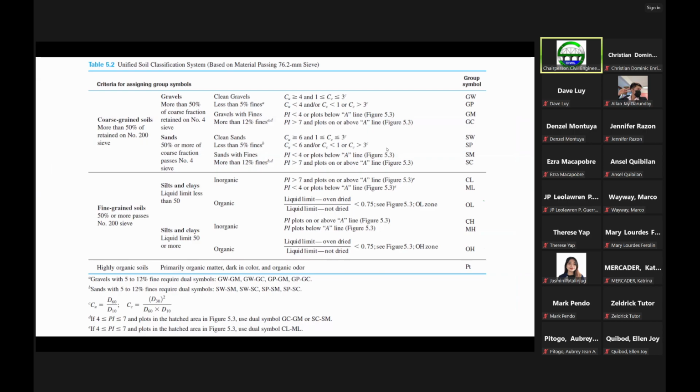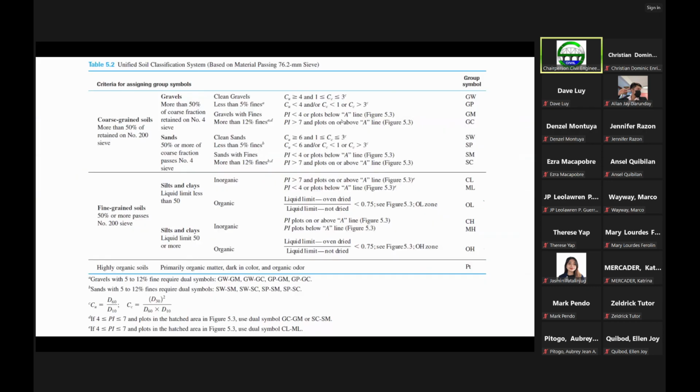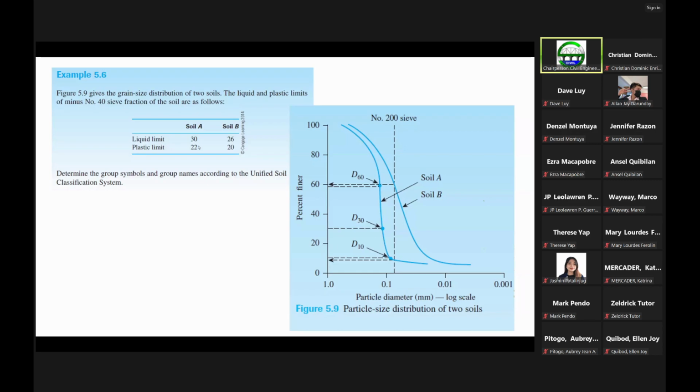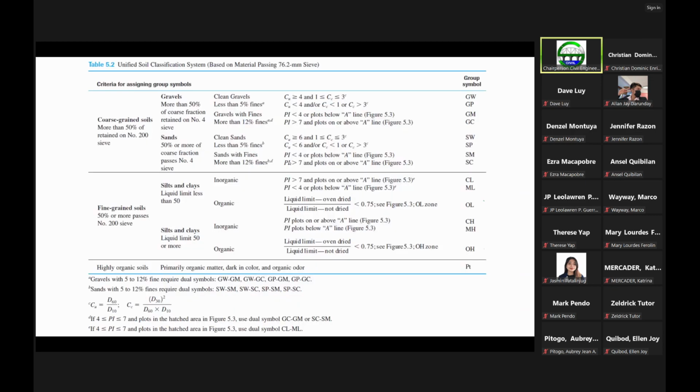Then we also need to check the PI. What's the given again? The given is for soil A, LL is 30, PL is 22. So that's 30 minus 22, which gives us a PI of 8. If you go back to the table, PI is greater than 7.